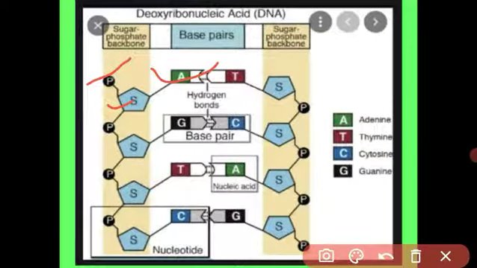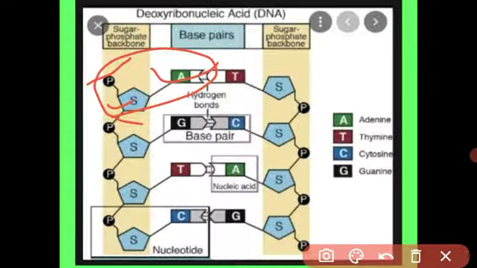Got it? What is a nucleosome? The 8 histone proteins wrapped with DNA is called a nucleosome, and the DNA is composed of repeating nucleotides. This structure is called a nucleotide.